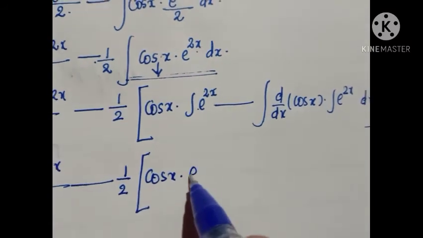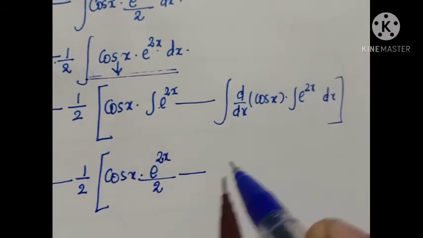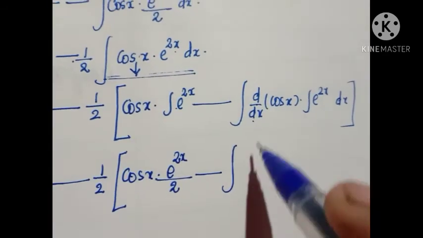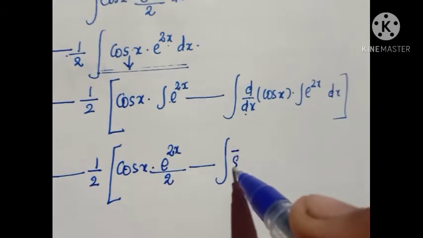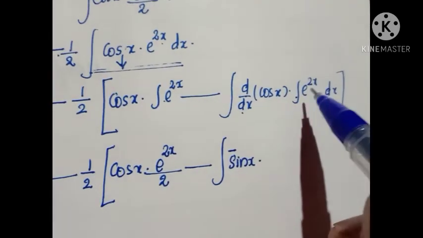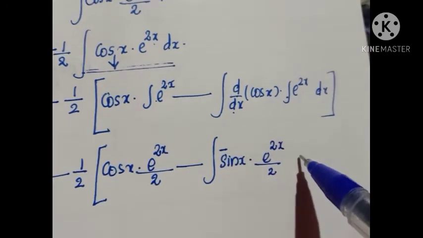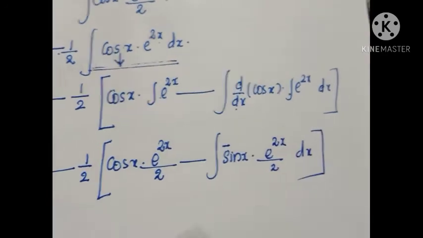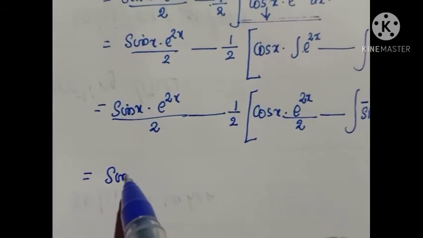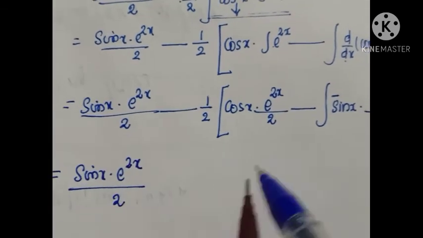Integral of e raised to 2x is e raised to 2x by 2 minus integral of derivative of cos x. Derivative of cos x is minus sin x into integral of e raised to 2x, e raised to 2x by 2 dx. It's clear? This is equal to sin x into e raised to 2x by 2.